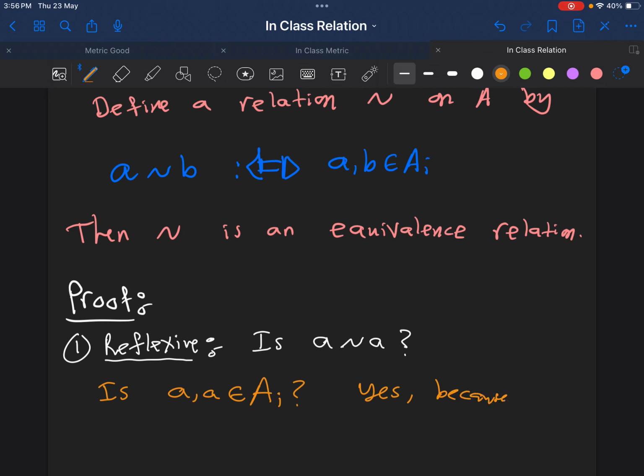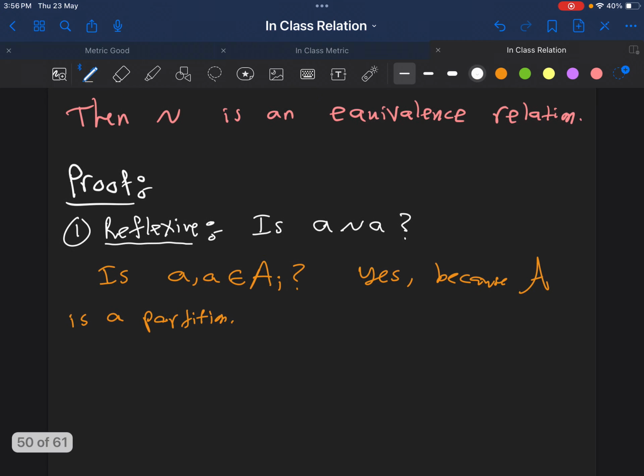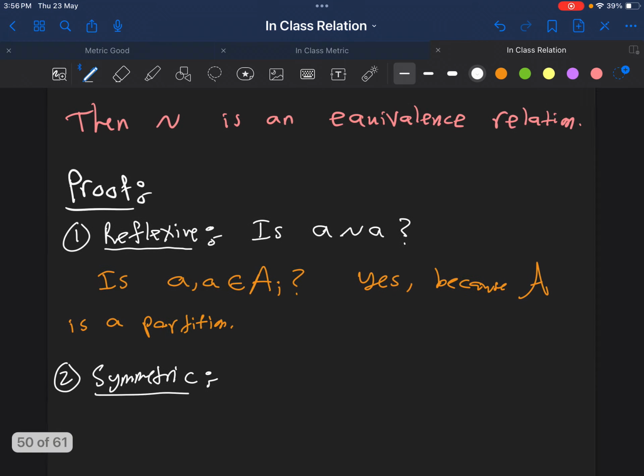Why? Remember, because it is a partition, a partition means A is in only one and only one set, which is A_i. Second, symmetric. I'm using the idea of partition embedded here because partition means A_i is different from A_j. Whatever is in A_i, they are all in A_i.